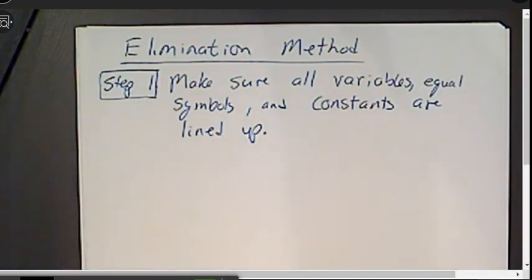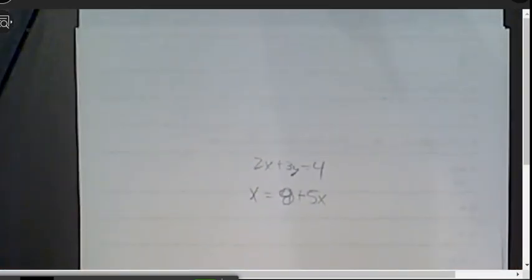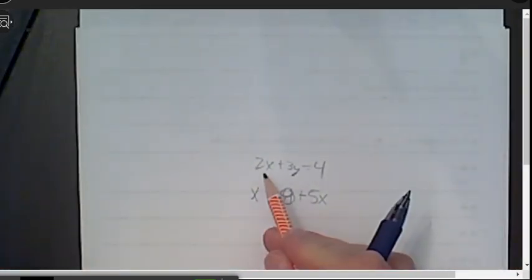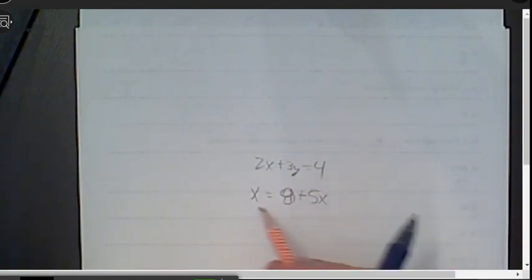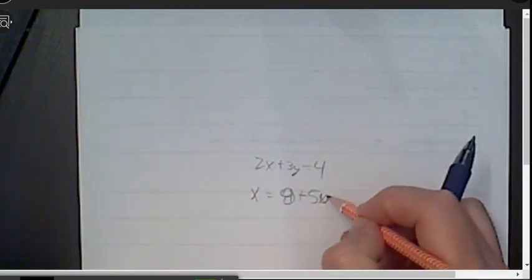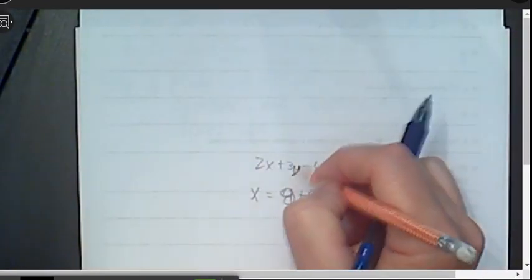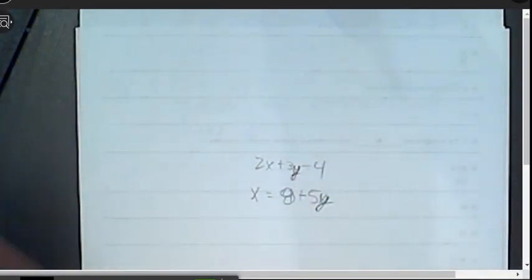All right, so just to give you a quick idea of what we're talking about here, if you had a problem that was something like this, maybe hard to see, but let's say you had 2x plus 3y equals 4 and x equals 8 plus 5y. You'd have to go back and rearrange these.